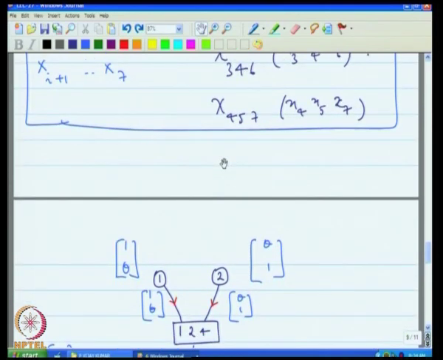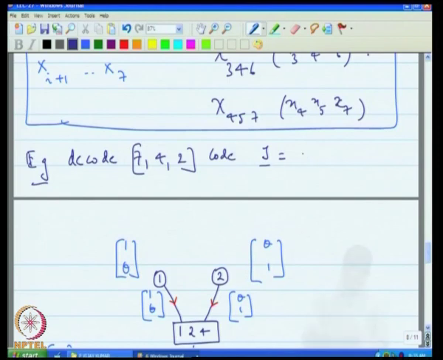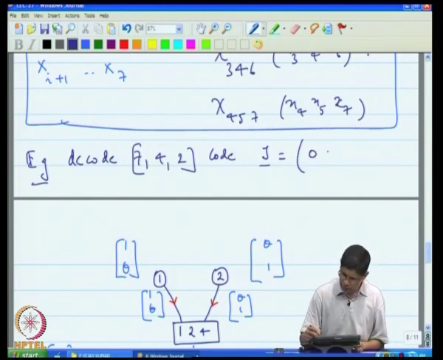So, here we will decode the 7-4-2 code once again for y equal to 0 1 1 0 1 6 7.